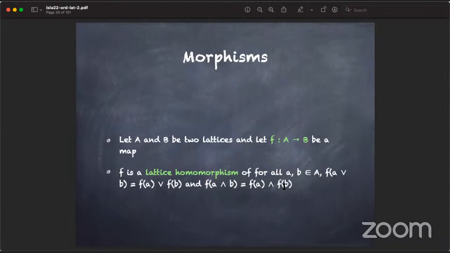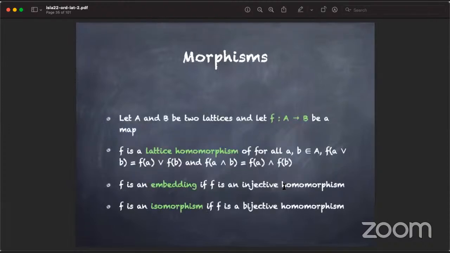Once again, homomorphisms or morphisms are nothing but structure preserving maps. We have heard a lot about structure preserving maps in yesterday's lectures on both topology and category theory, especially in the category theory lectures.